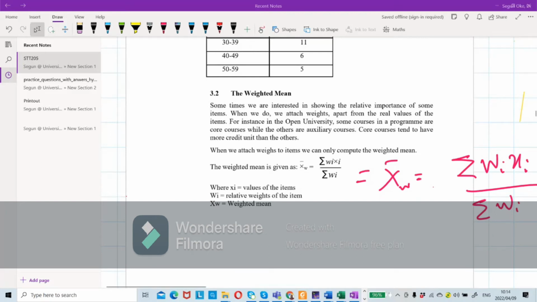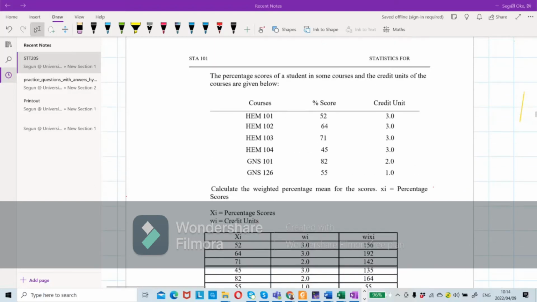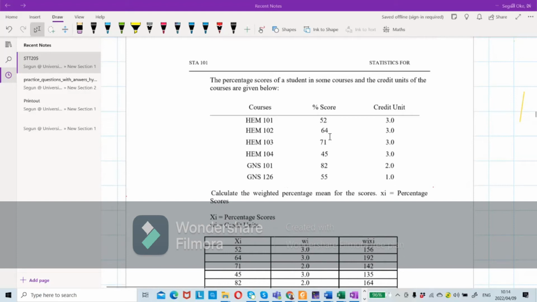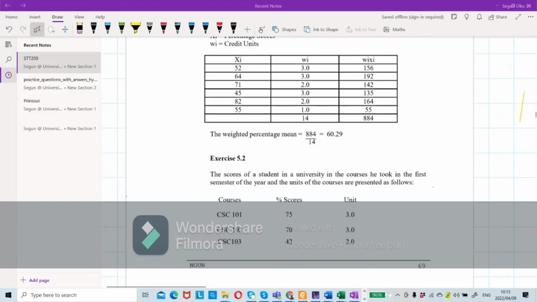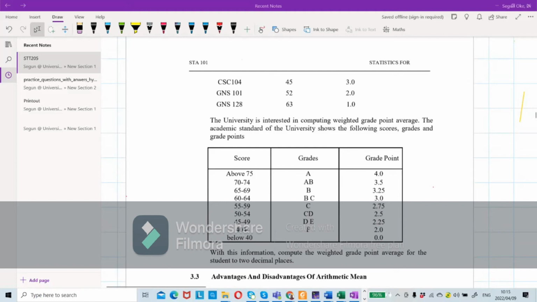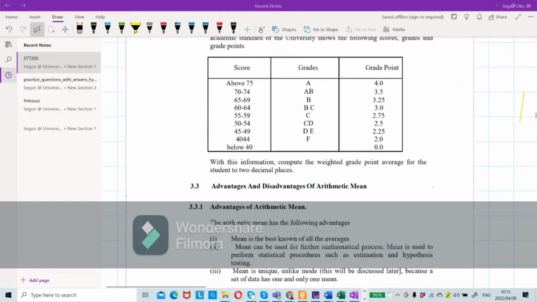Here we have the percentage of score and we have the credit unit, where we normally do our exam. So what about the one that you started? No, we are going to finish it. Don't worry. That's the group data. I just quickly want to explain this because we are moving towards it.